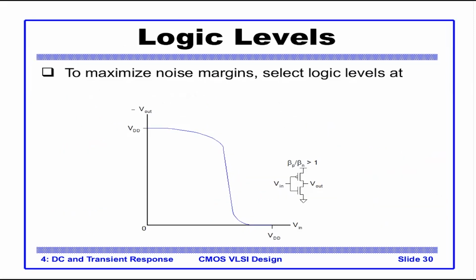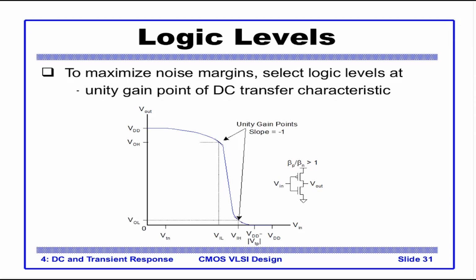Okay, now the gates should obviously be designed to withstand large levels of noise. So how do we maximize noise margin? Let's say, for example, in this case, beta P is equal to beta N, greater than 1. This is to balance the inverter. And the curve slopes here.